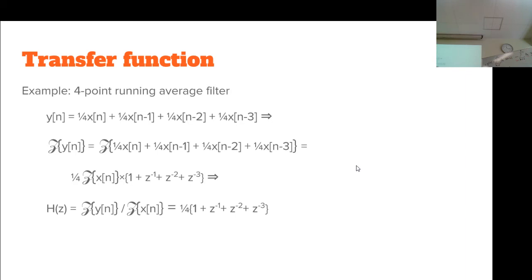And then the a_k is actually just a0, which is 1. So the denominator polynomial is simply 1.